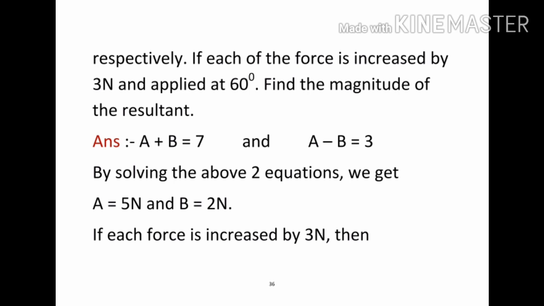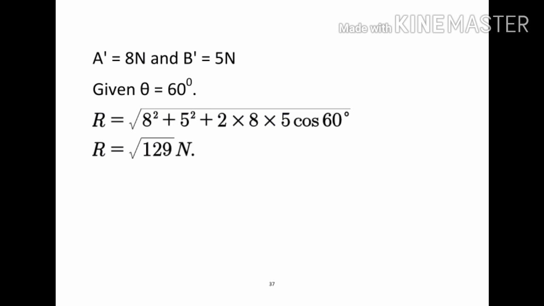And if each of the forces is increased by 3 Newton, as given in the problem, then we get new vectors. The new vectors are taken as A dash and B dash. So A dash is equal to 8 Newton and B dash is equal to 5 Newton. And the angle between the two vectors is given as 60 degrees.